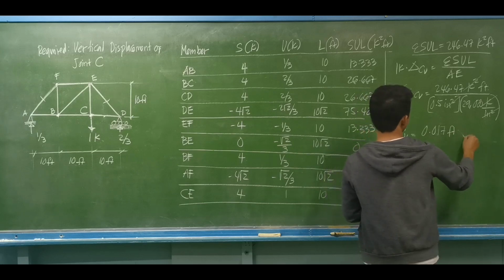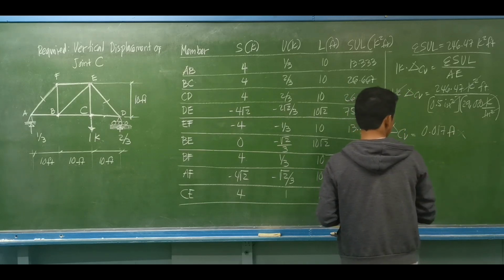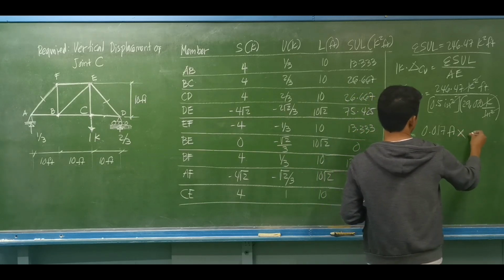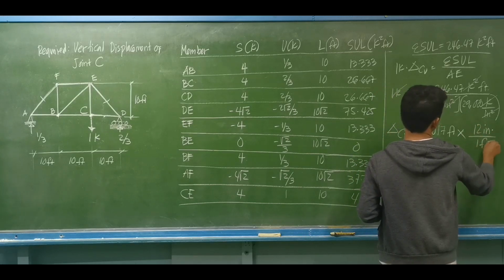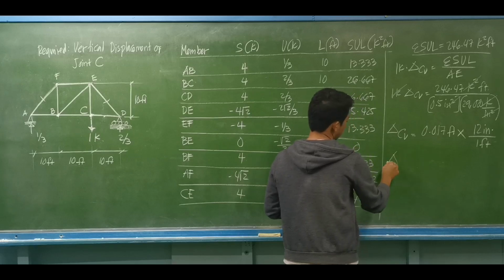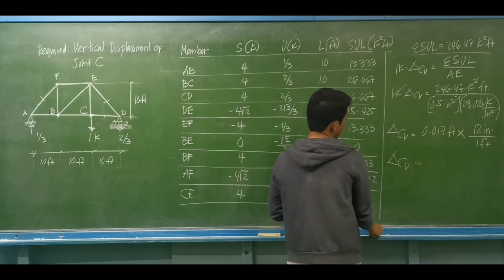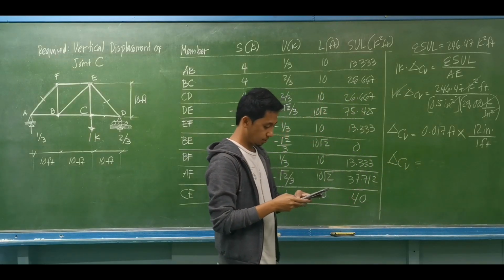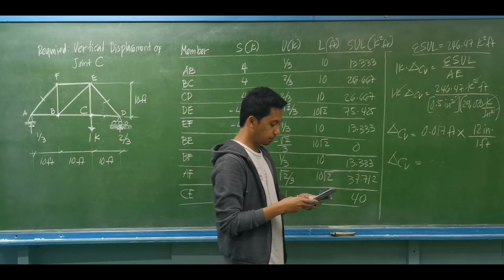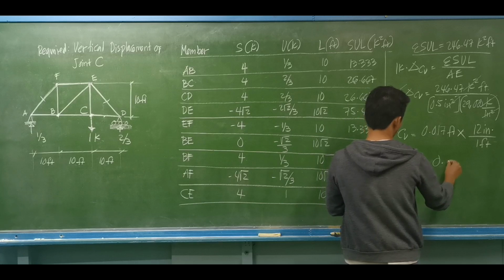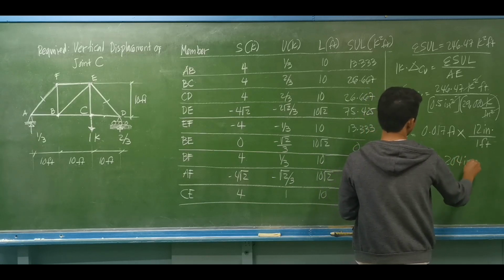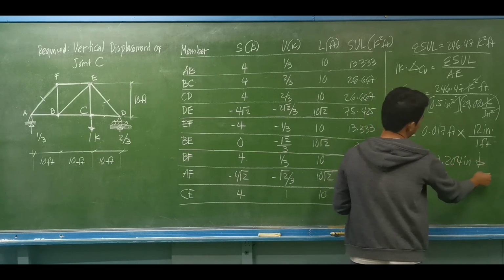In terms of inches, it's multiplied by 12 inches to 1 foot. The vertical displacement about joint C is equal to 0.0117 times 12. I will have a value of 0.204 inch. And it should be downward.